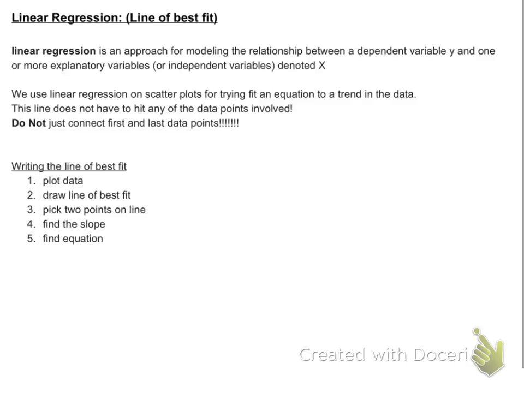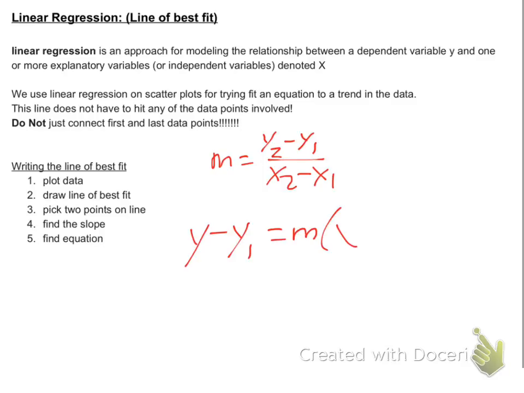Wait, what is slope again? M equals change in y over change in x. That's the slope formula. So you can take your two points and find this slope. And you're going to put it into point-slope form, which is y minus y1 equals m times x minus x1.